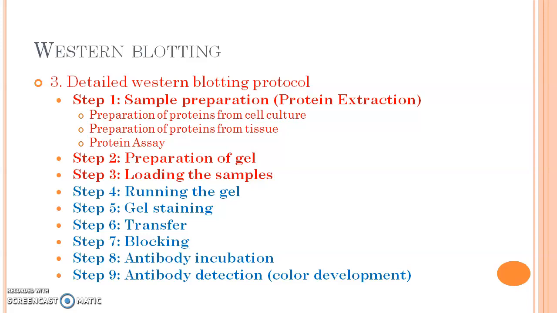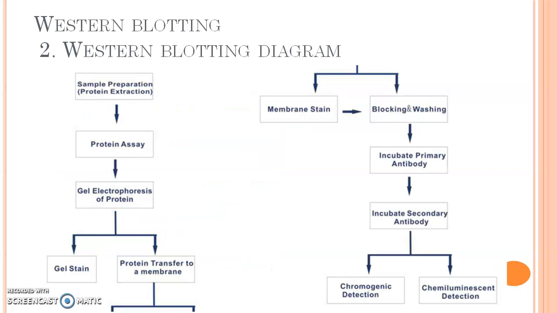Step 4 is running the gel, step 5 is gel staining, step 6 is transfer, step 7 is blocking, step 8 is antibody incubation, and step 9 is antibody detection through the process of color development.